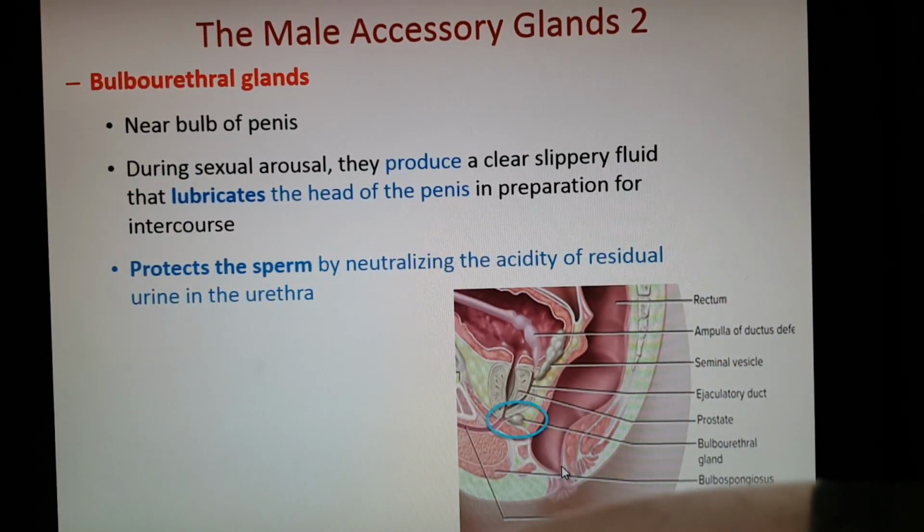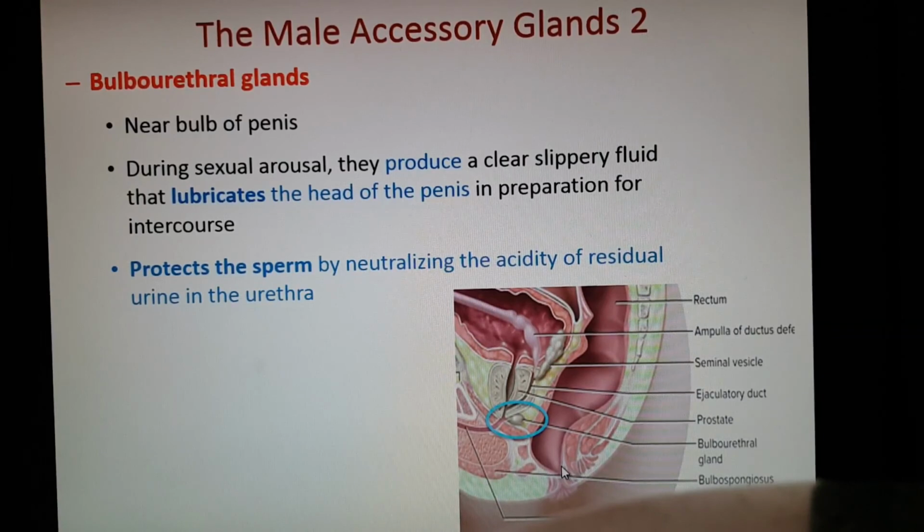Another glandular secretion comes from the bulbourethral gland. It helps to lubricate the head of the penis, and is also protecting the sperm by neutralizing the acidity in the urine in the urethra as it's exiting out. So again, you're sharing the road.